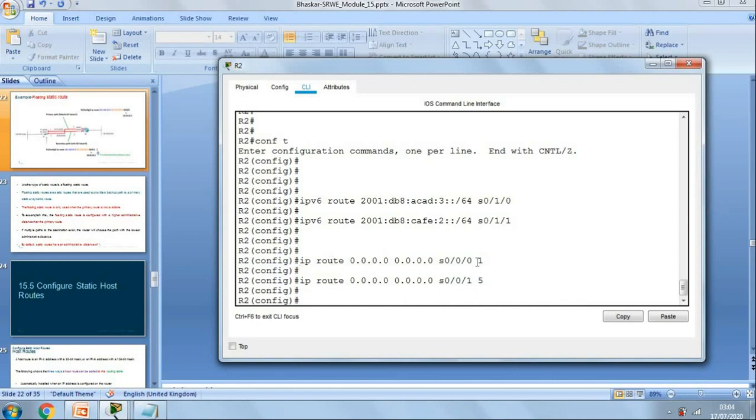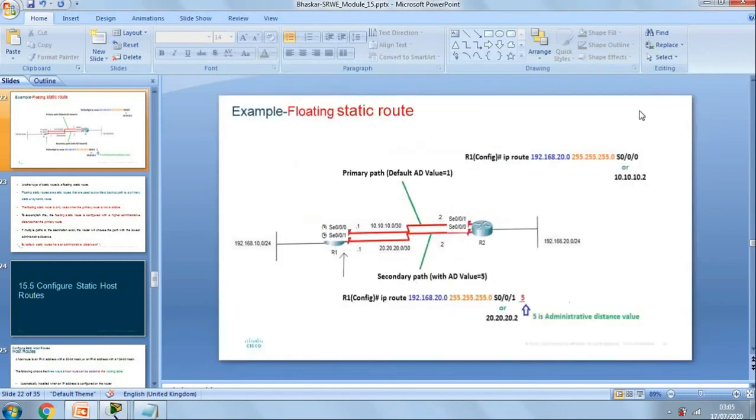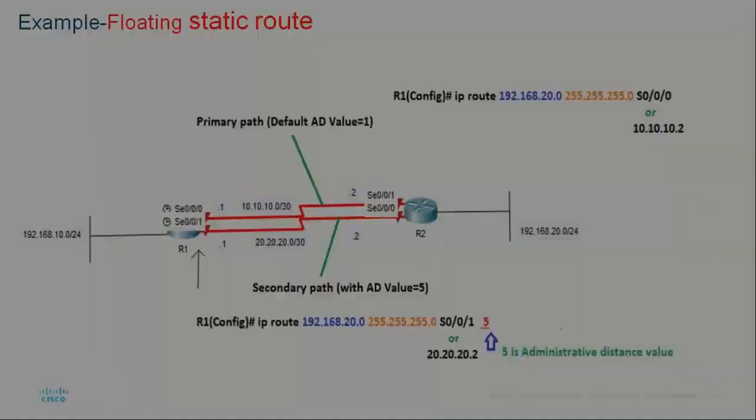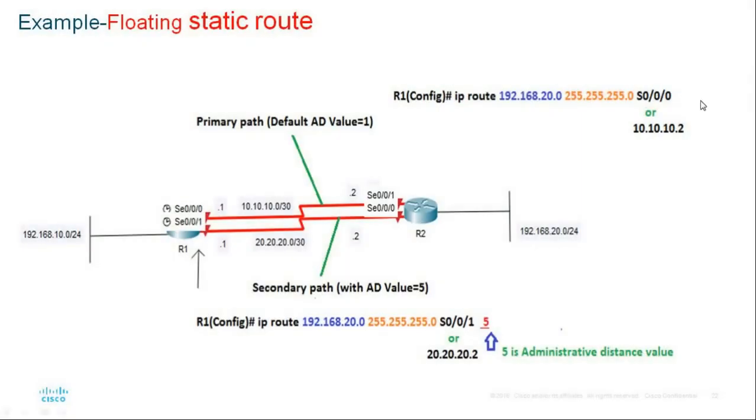So how will you understand this is primary and this is secondary? Based upon the administrative distance value. See here, the primary path administrative value is always less than the secondary. For example, this is 1, this is more than 1, 2, 3, 4, 5, anything, but it is more than 1, then only it is the backup route. That is the logic. By default here the value is 1, here it is 5.